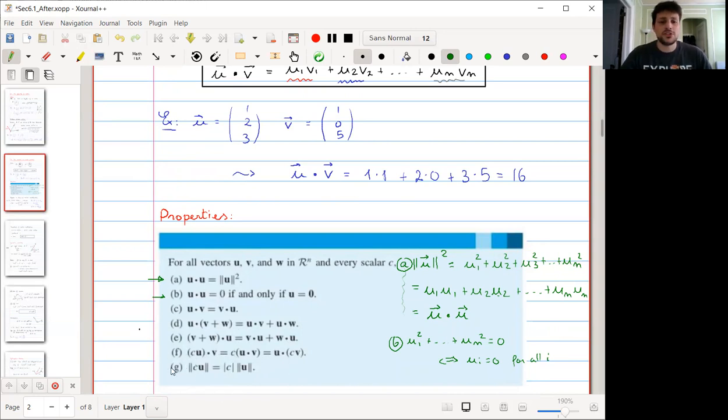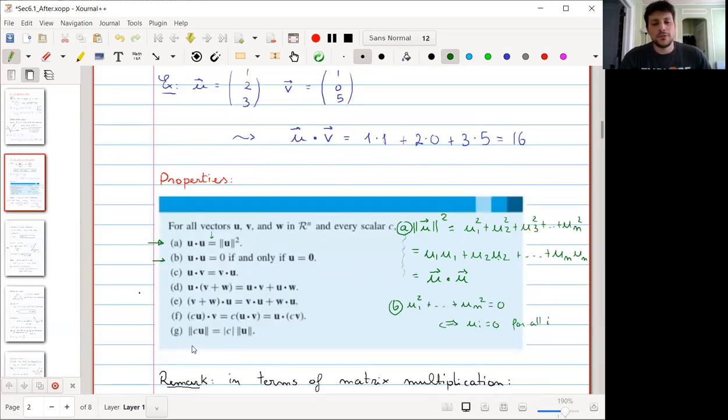And well, F and G are properties about the norm and the dot product, but they're strictly related because norms and dot product are the same. So if you think for a second about property G, rescaling a vector changes its length, not by the factor that you're rescaling, but by the absolute value. If I take a vector and I multiply it by -2, the length is still multiplied by 2, not by -2.